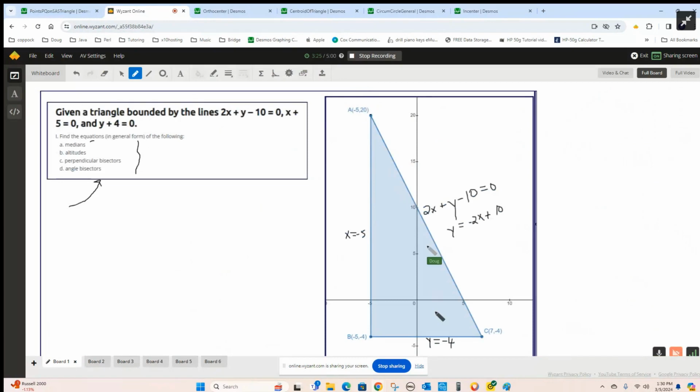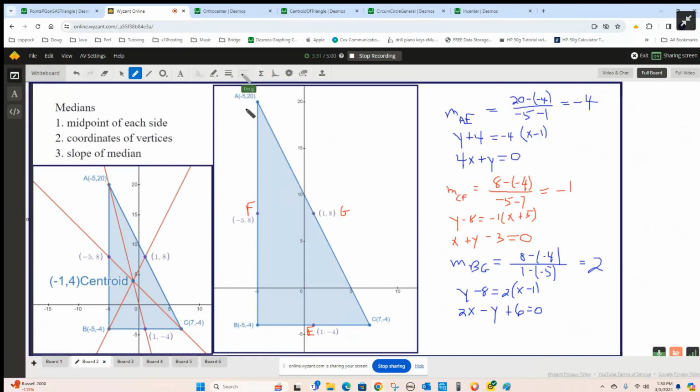The question is, how do you find the equations of the medians, the equations of the altitudes? Real quickly, here's what you need to know in order to find the medians. You need to know the midpoint of each side, the coordinates of the vertices, the slope of the median, and then you use point slope. For example, I won't go through every one of these.